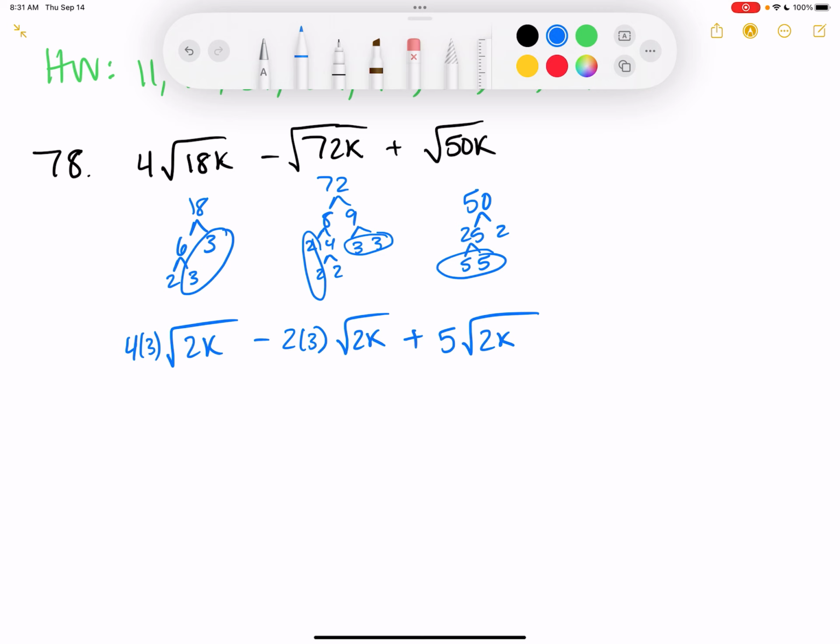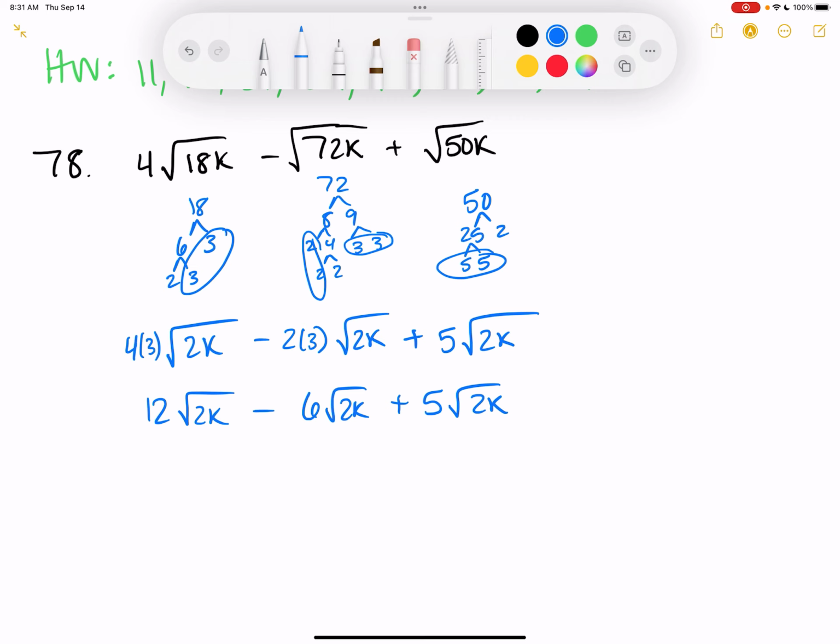So I've got 12 square root of 2k minus 6 square root of 2k plus 5 square root of 2k. The radicals are what make it a like term, so I basically am just combining them into one. 12 minus 6 is 6, plus 5 is 11.